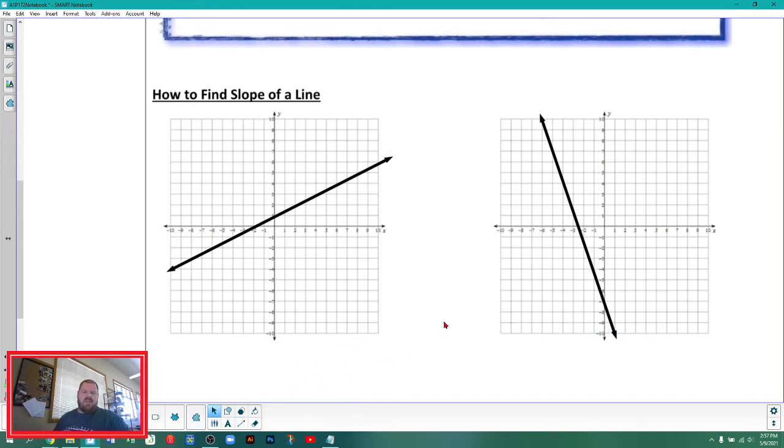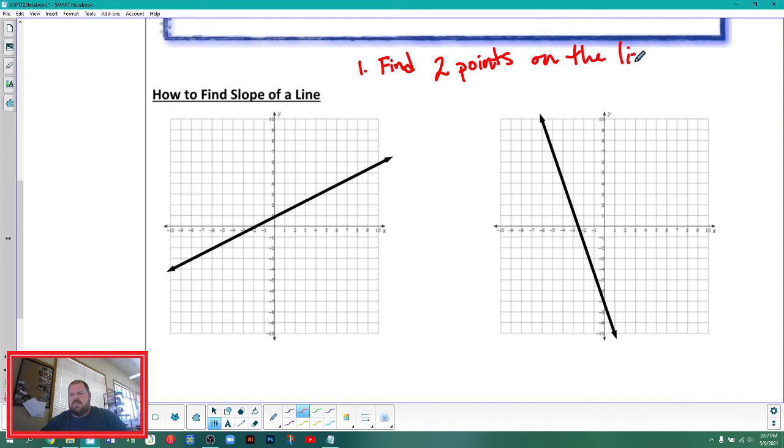So when we're finding slope of a line, the first thing we want to do is, step number one, find or even identify 2 points on the line. So I want to find 2 points, and I don't care how far apart these are, but I want to make sure that they're really good grid points.